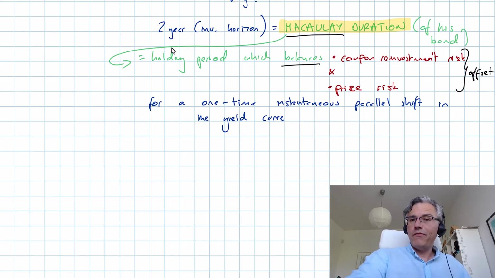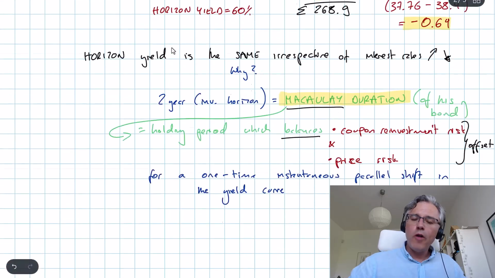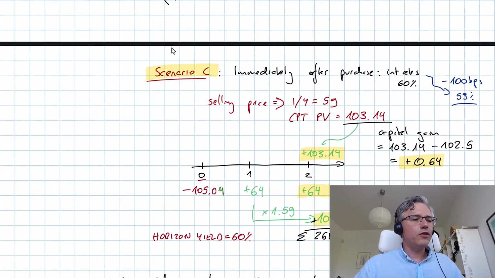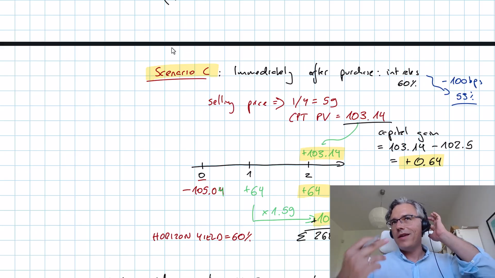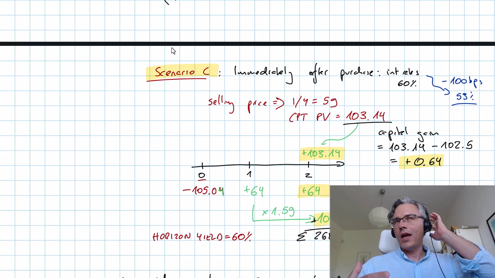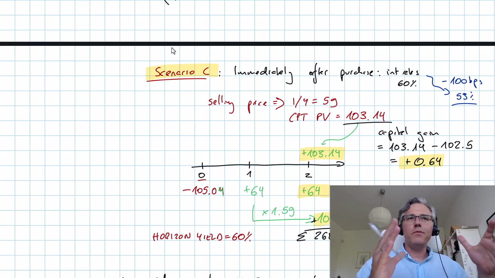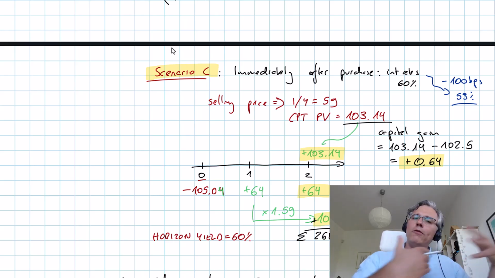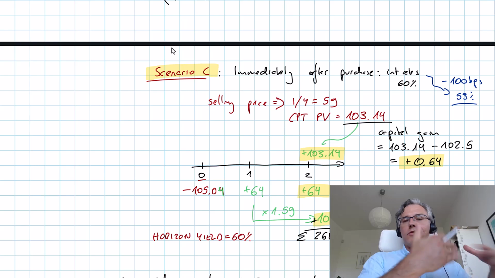Now, look, you won't probably get questions on this, but I thought it would be good to do something numerical with you to get you to appreciate that there is a number, a holding period, where our bond and the investor is immune to what happens to interest rates. When we did the example in the previous video, that wasn't the case.